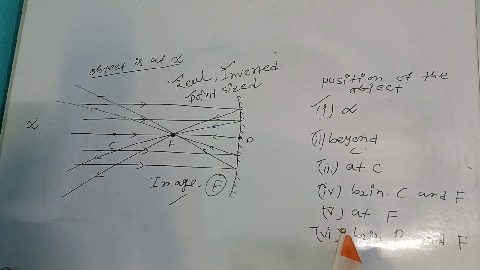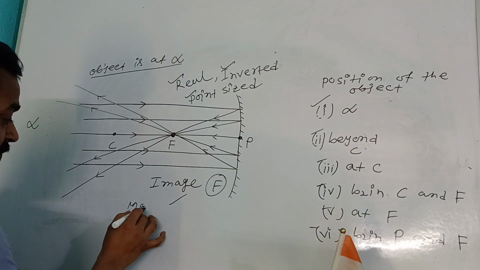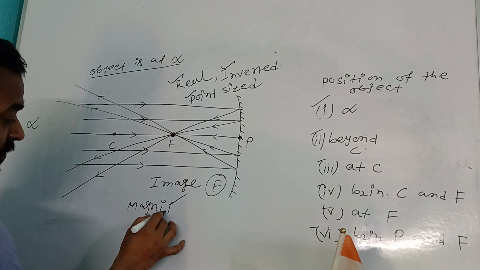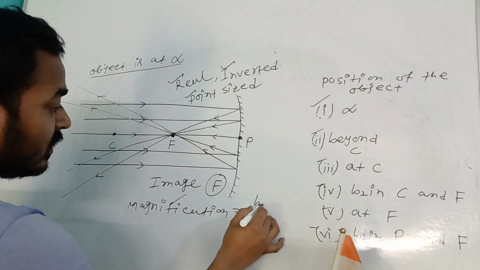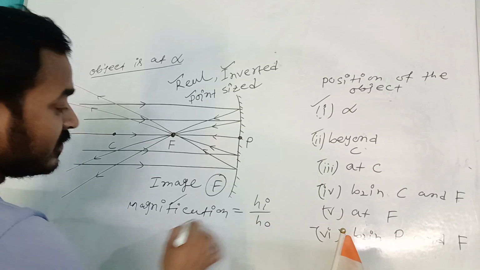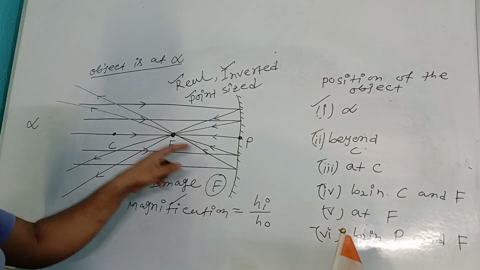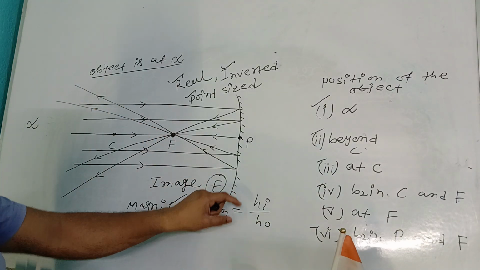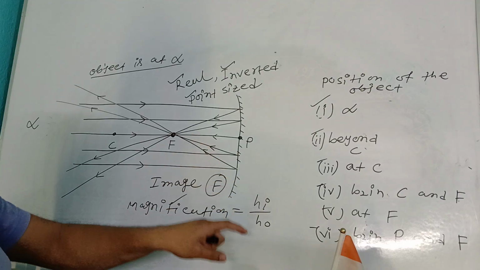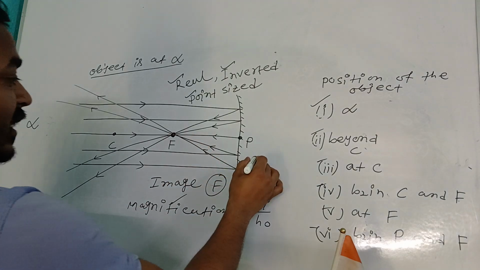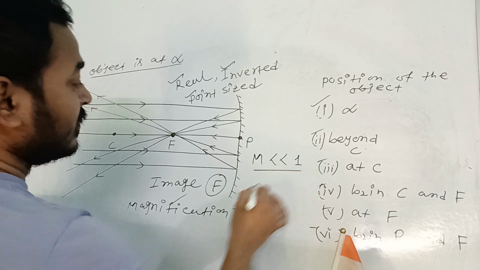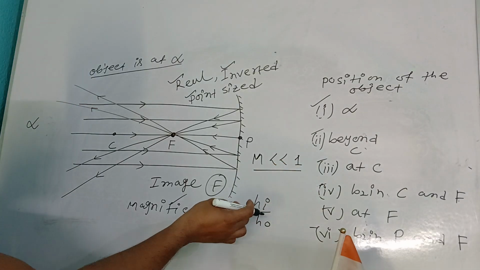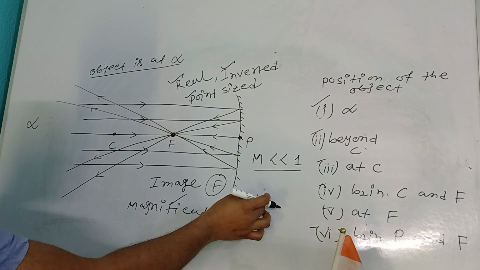Achha, now magnification. Magnification is height of image by height of object. The height of image is point sized, so it is very much less than height of object. So magnification m is also very much less than 1. Point size means it is negligible, tends to 0.